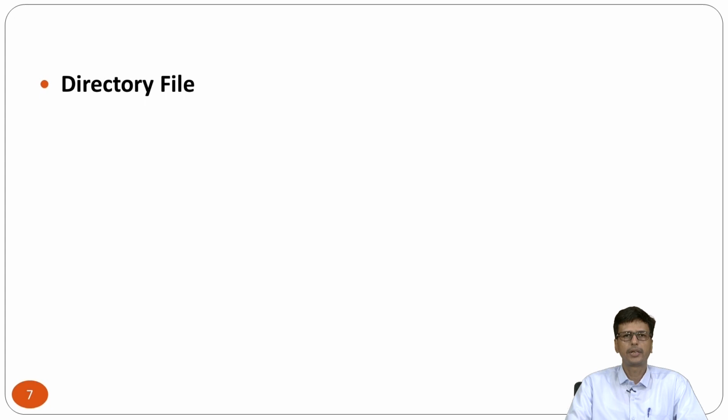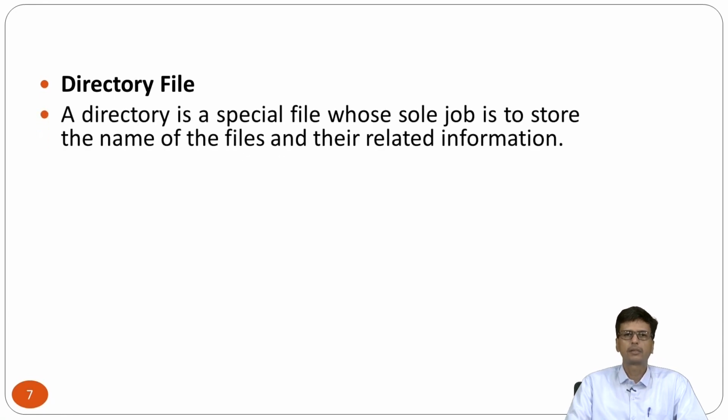Then the directory file. The previous file that we have seen is the ordinary file. Ordinary files, regular files, executable files, or any file can be contained within some directory structure. As you are already aware, in the Windows platform a directory is nothing but a folder.